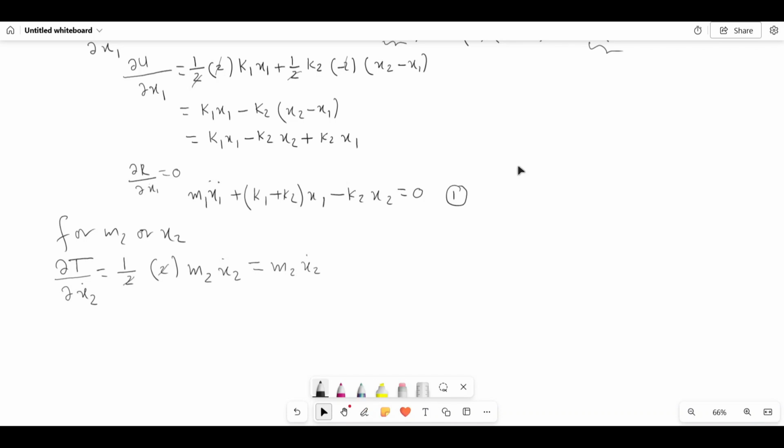What is next is differentiating this expression in terms of time. So basically you are differentiating in terms of time m2 x dot 2. Because the variable is time, now you are moving from a space of velocity to acceleration. That's why here you do have m2 x2 dot dot.